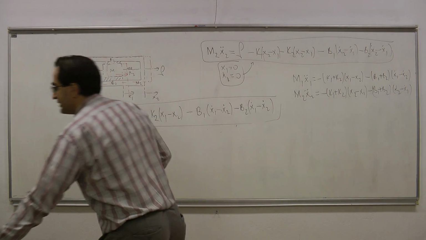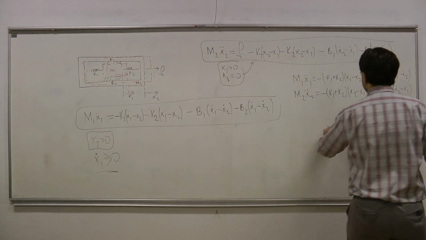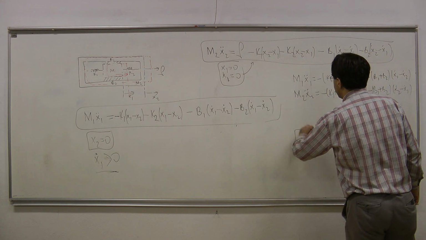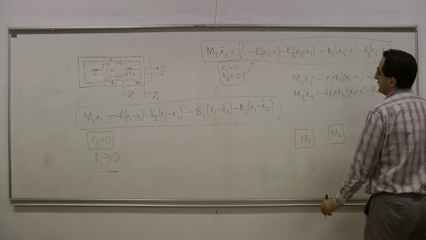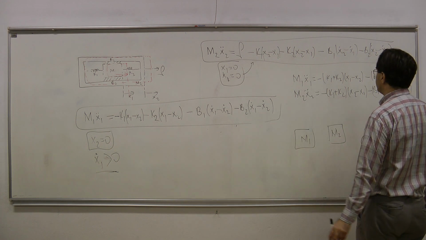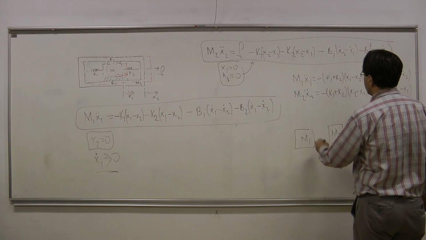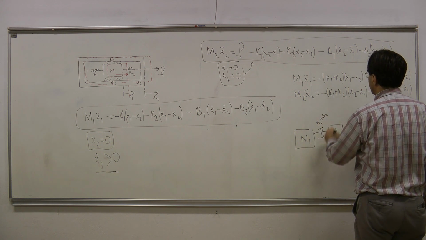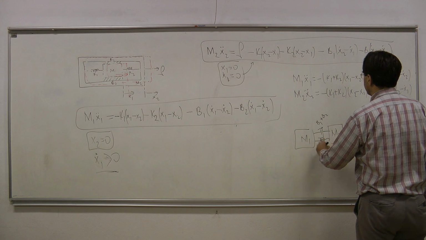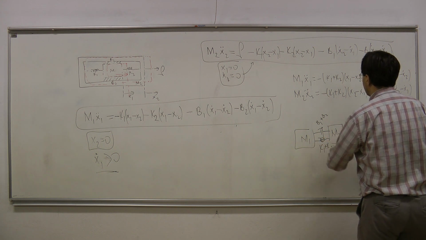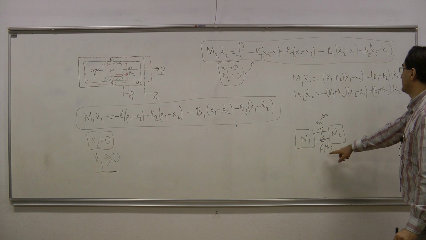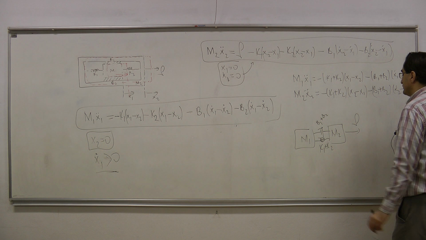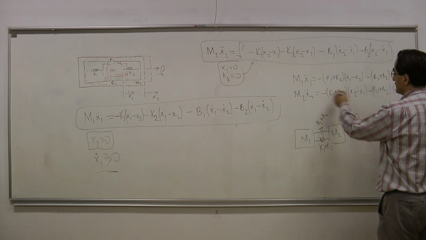So if I had M2 here, and if I had M1 here, then suppose that I have a friction between these two masses, which is B1 plus B2, and suppose that I have a spring force between these two masses, with the spring coefficient K1 plus K2, and I apply F to the second mass.